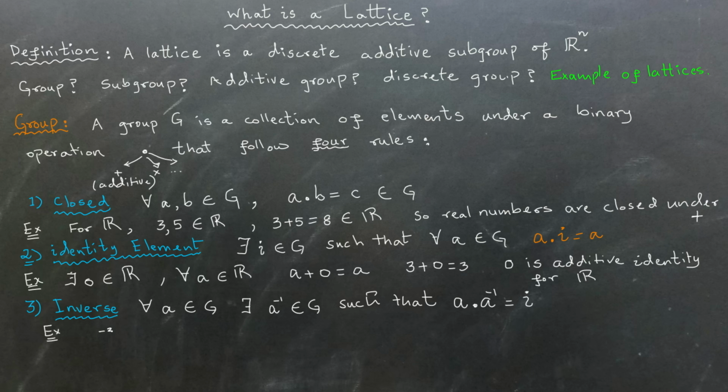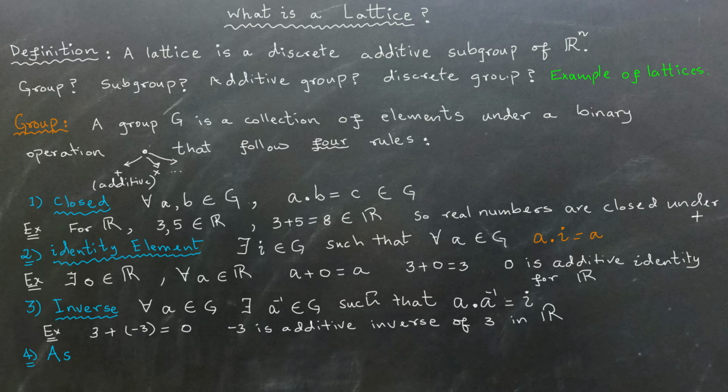For real numbers under addition, the inverse of 3 is minus 3 because 3 plus minus 3 is equal to 0. Similarly, every real number has an inverse under addition.